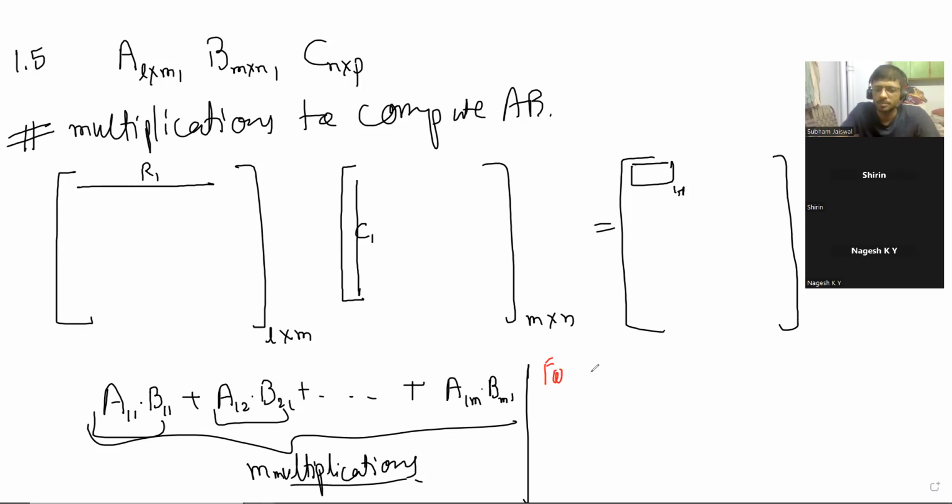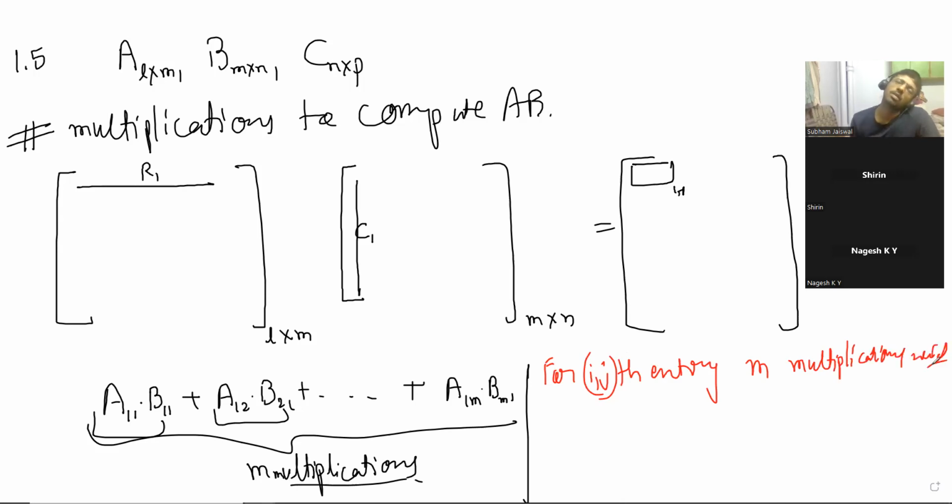So for ijth entry, M multiplications needed. So what will be the total number of multiplications needed?